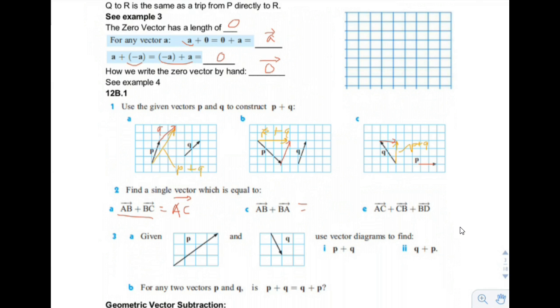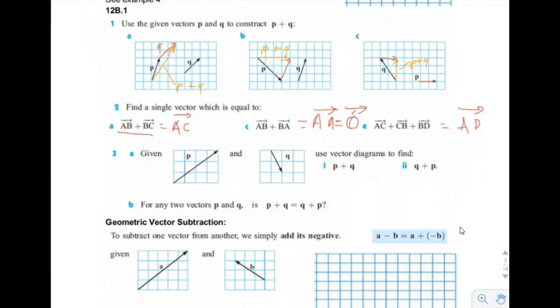This would be like going from A and back to A again, so that is actually just the zero vector, right? And AC plus CB plus BD, you end up at D, so that would be the same as the AD vector.